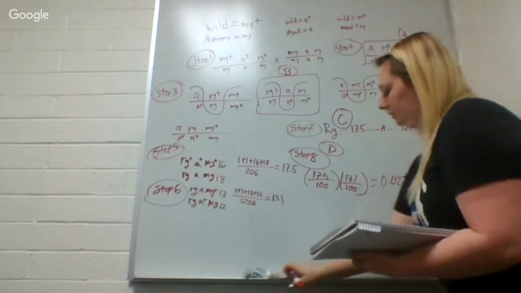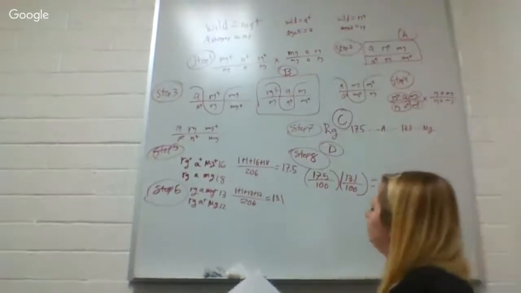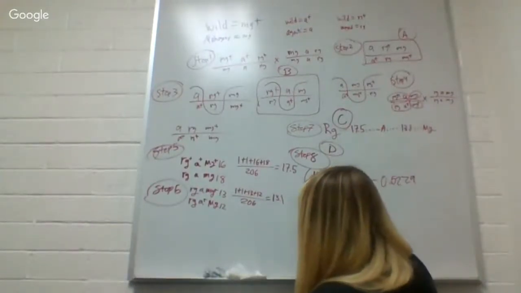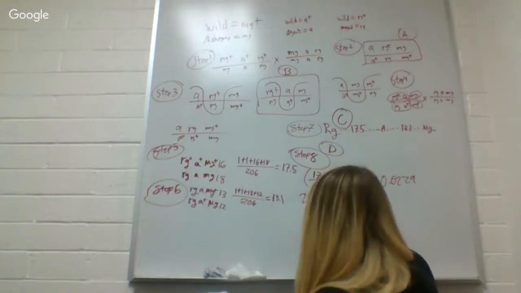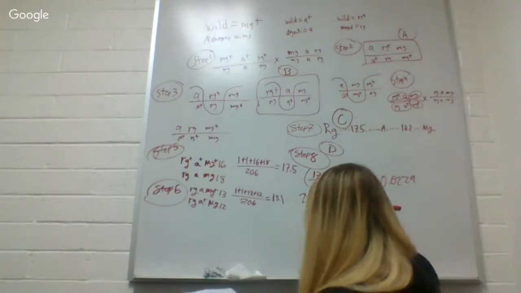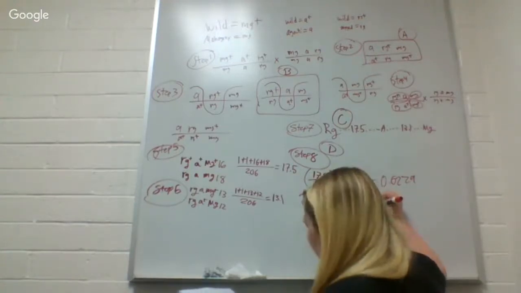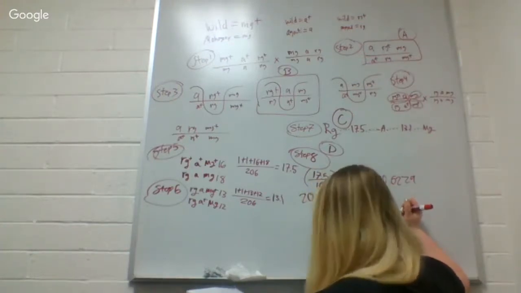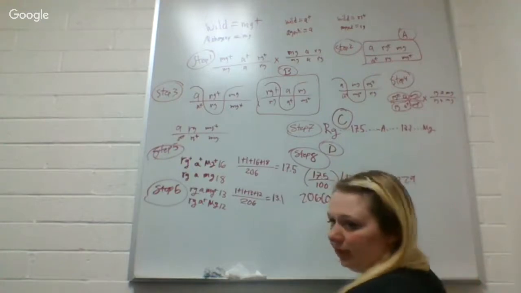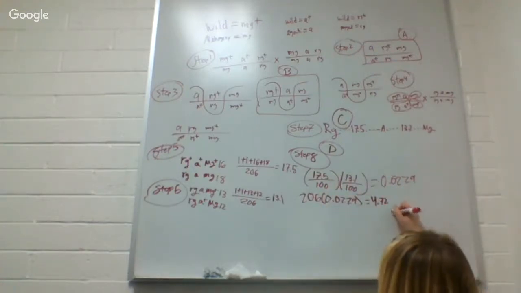So we're going to take that and multiply it by how many there are. So the 206 times the 0.0229. And that'll give us 4.72. So we're gonna put that into our last equation.